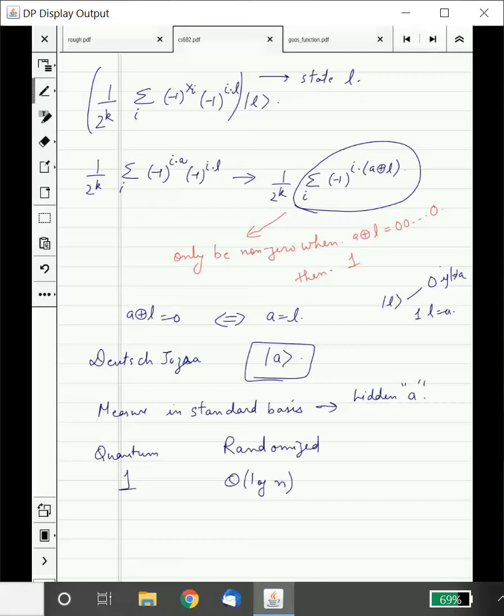I will just say that the intuition behind it is that each bit of A needs at least one query. Remember, log n is like k, which is the length of the string A. So to figure out each bit of A, we need at least one query, and hence you need theta log n. This is an information theoretic argument, and we don't know information theory, so I will skip the complete argument.